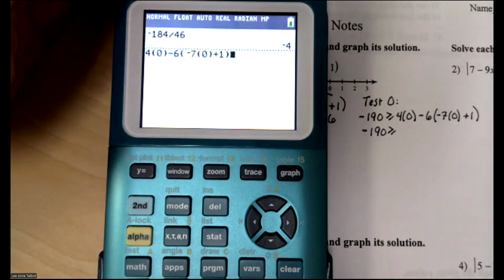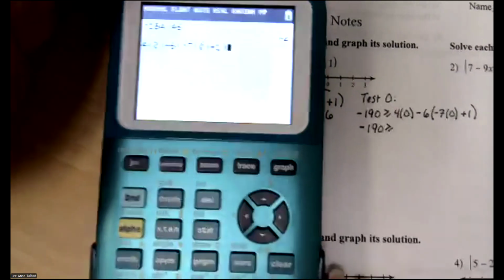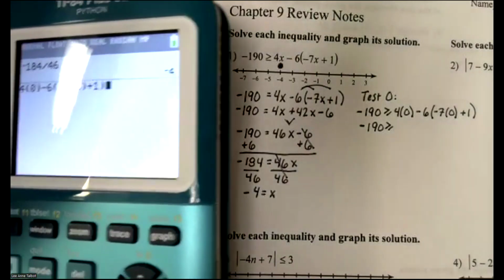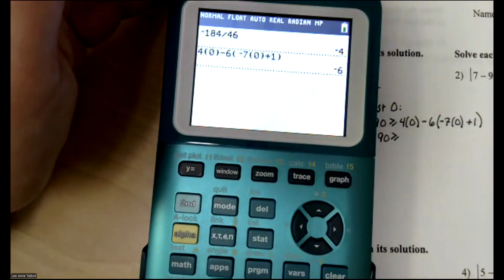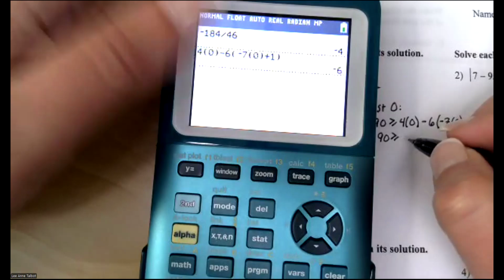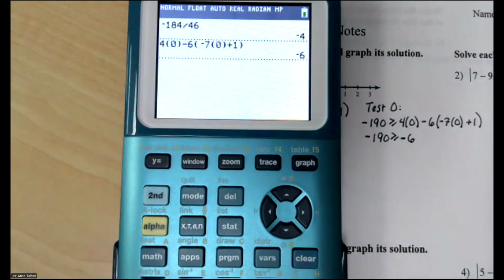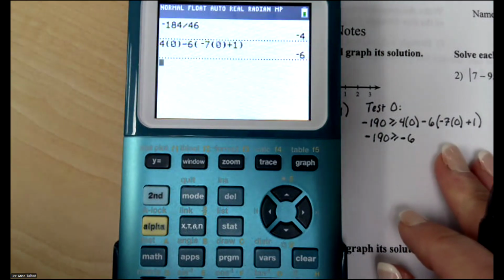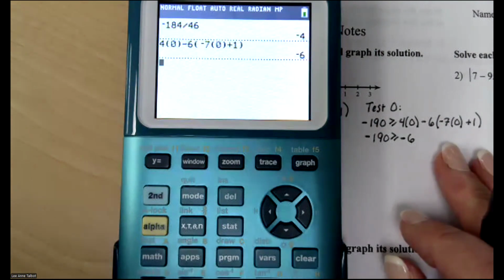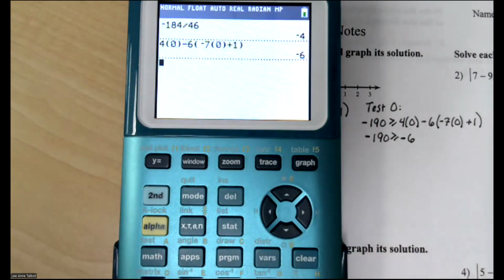Like, why not? You've got everything that you need. Do you guys have any questions about how I type that in? Do you guys see the parentheses above the 8 and 9?